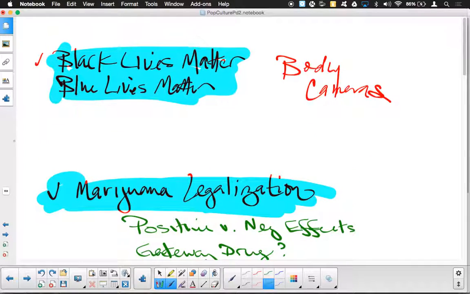Black Lives Matter, Blue Lives Matter, body cameras. So yeah, all officers would have a camera. And with that one, not to steal away from what Mary was going to say, I think a lot of people in theory like that idea, even not counting issues that were taking place before.